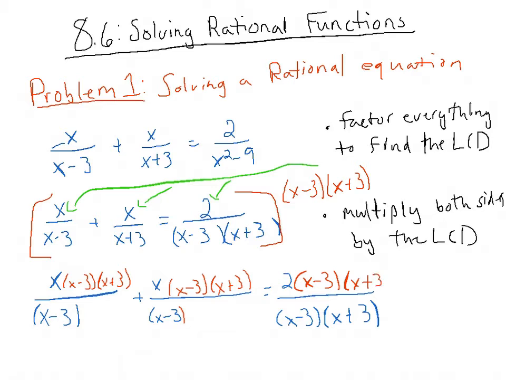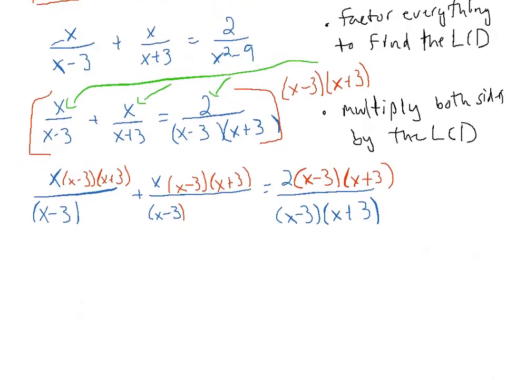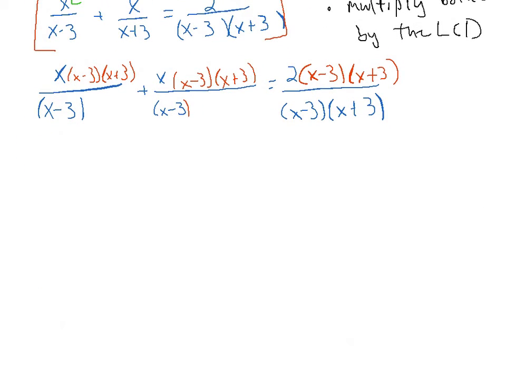Okay, so now notice that since we're multiplying every term by the least common denominator, you should be able to see that when we simplify each of these terms now, our denominators will be gone. So x minus 3, those are gone, and I'm left with x times x plus 3. I wrote x minus 3, it should be plus 3 there.